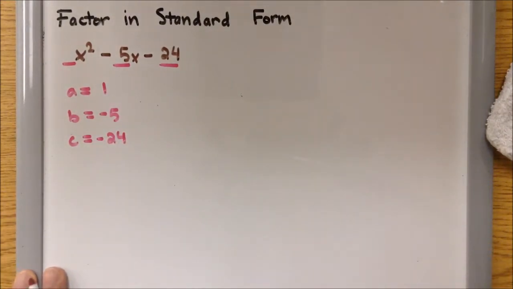Once we get our ABC values, next we're going to use the x table.